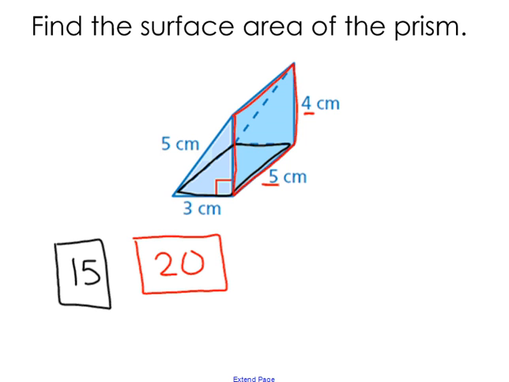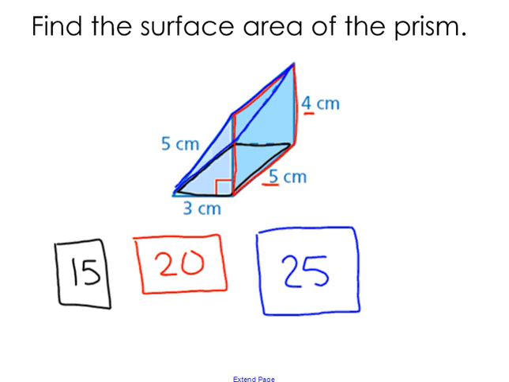Then I have this kind of slanted face over here, and that one is going to have a length and a width that are each 5. So that area would be 25. And then I have my triangles that are on the front and the back.